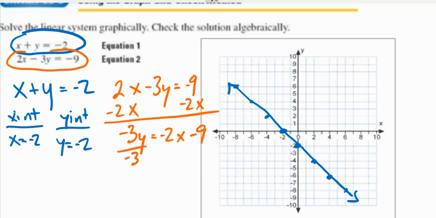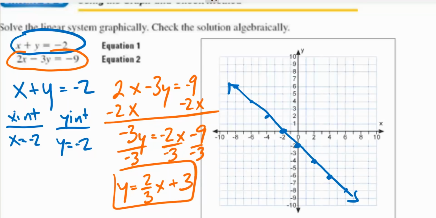Now when we divide by negative 3, we get y equals 2/3 x, two negatives makes a positive again, and now we've got a y-intercept at 3, going up 2, right 3, up 2, and right 3. That means we're going down 2 and left 3, and that takes us right through that point.